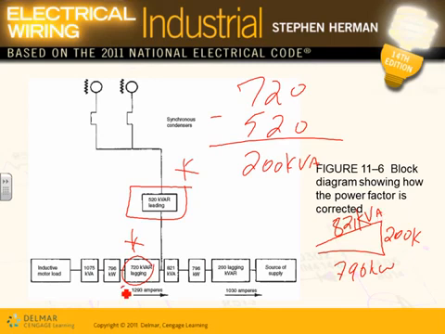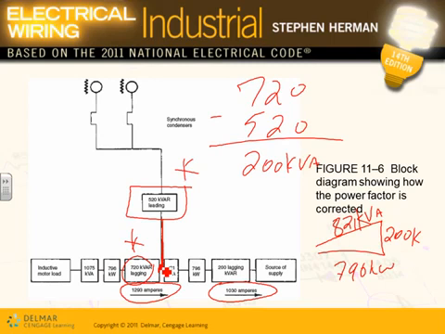Before we corrected the power factor, can you guys look at the amps here? The amps were 1293. After we corrected the power factor, our amps dropped from 1293 to 1030 amps. Can you guys see the difference? Before and after you correct the power factor, right at this point.